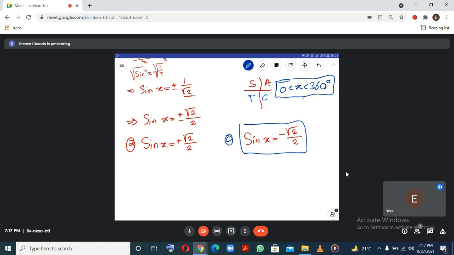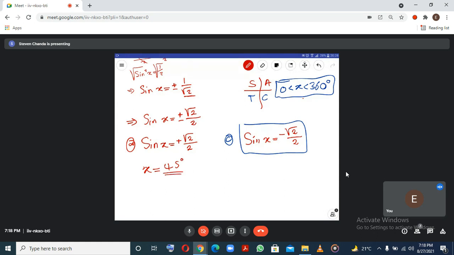Since these special triangles have to be on your fingertips, what is the value of x where sine x is square root 2 over 2? Remember, you have to know these. So what's the value of x? It's going to be 45. Yes, thank you. So it's 45 degrees.